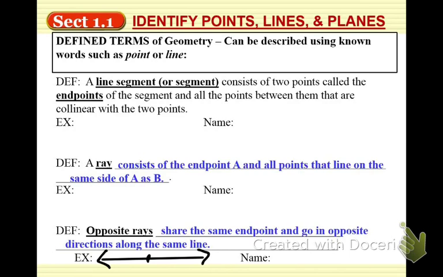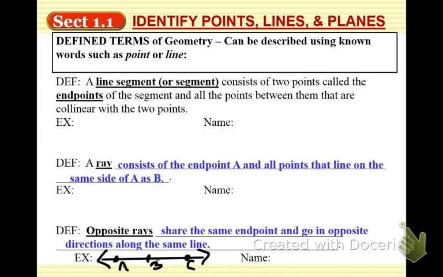There's a line, right? Now, can't see that very well, can you? That's a little better.